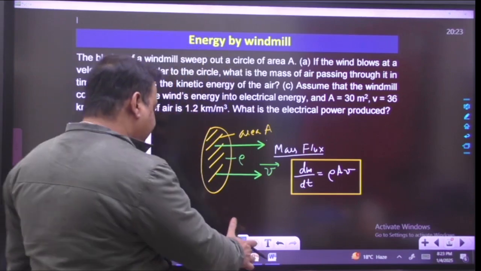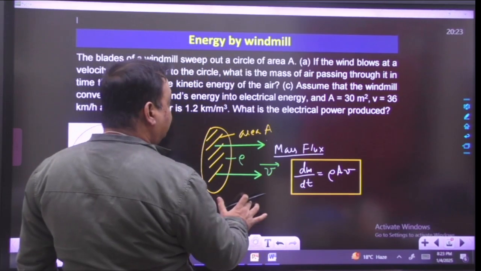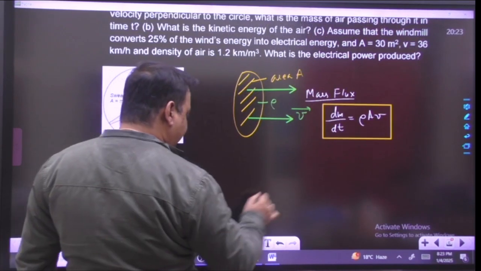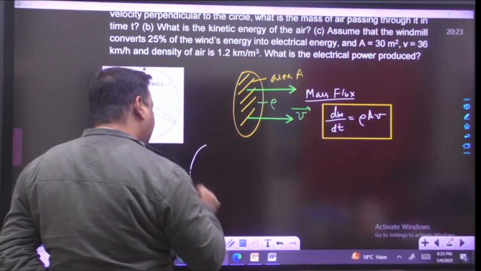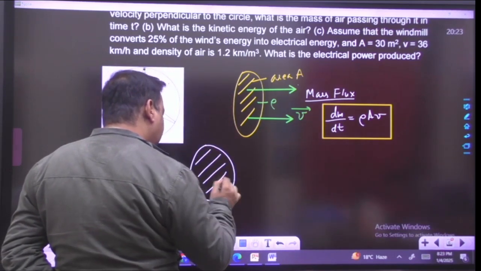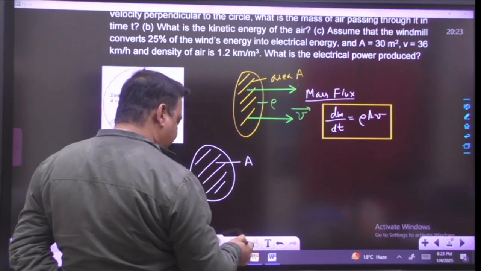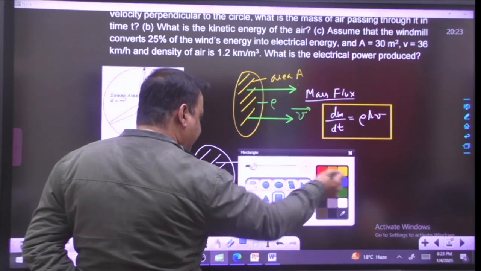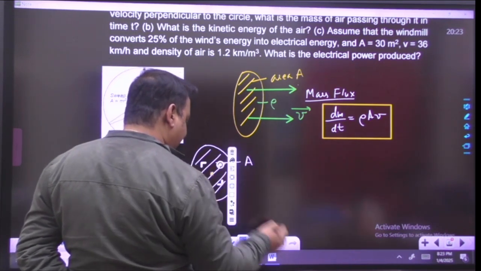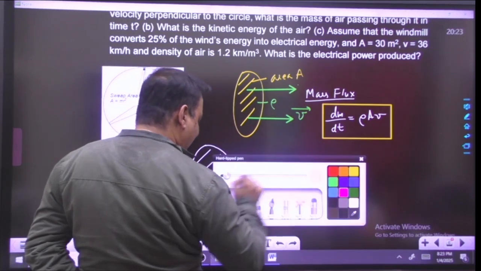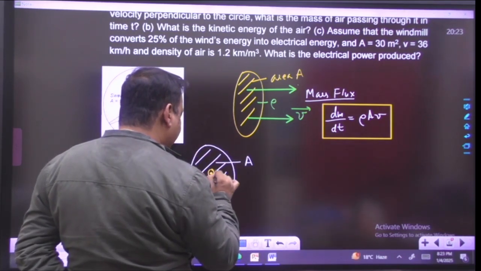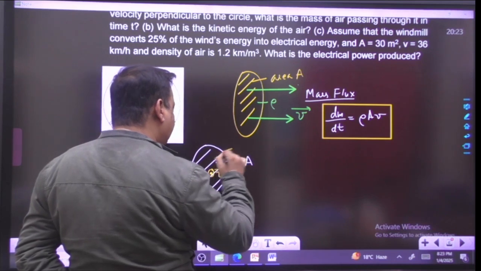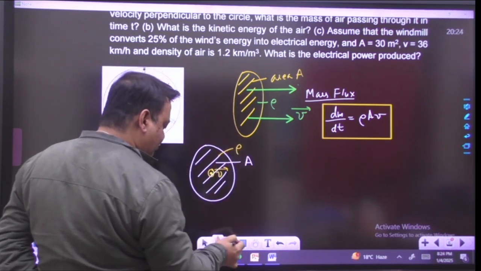Okay, now say in the present problem, the blades of the windmill are intercepting a circular area A, through which the wind is flowing perpendicular. I am drawing the velocity of the wind as a dot because the vector will be perpendicular to the plane of the board. This is the velocity of the wind, and the density of the wind is rho.